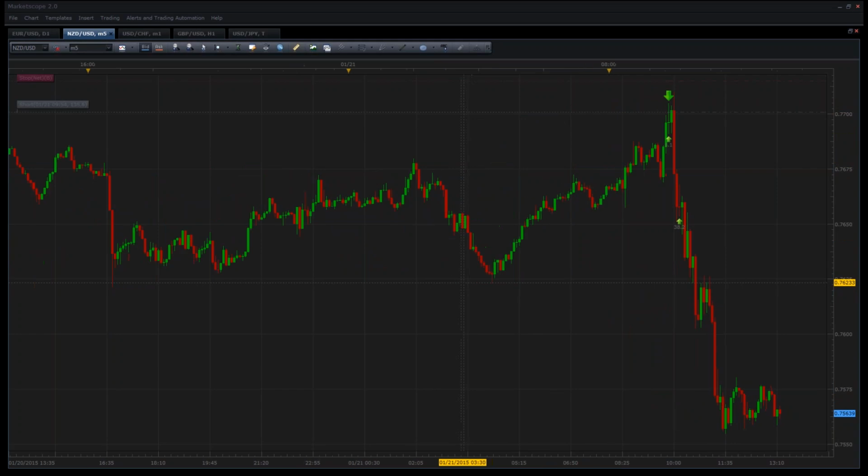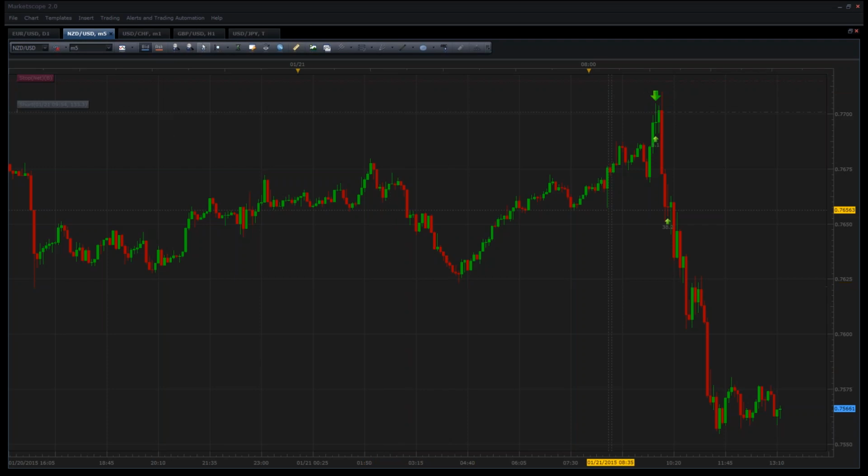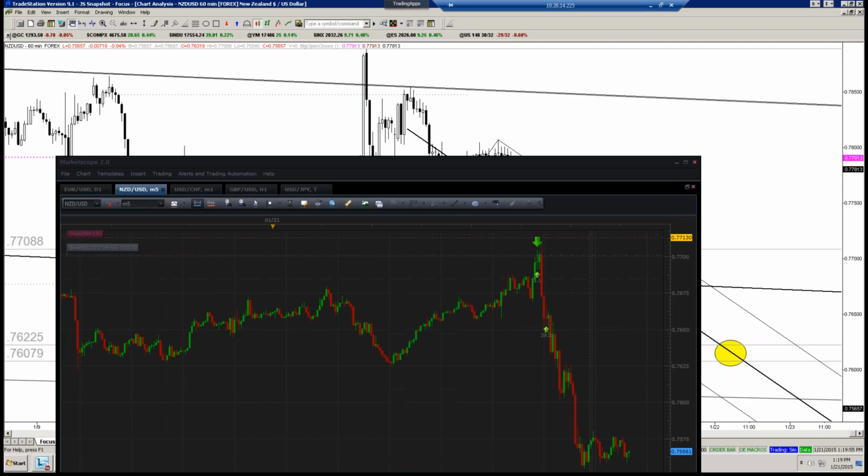And the larger move, I think, is much lower, down towards 73.90 or 73.60, potentially very quickly. And then we'll see how the market trades around there. I expect the market to bounce around there for a little bit, but we'll see. So that is how we're looking at the Kiwi.